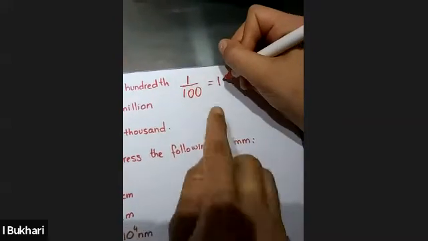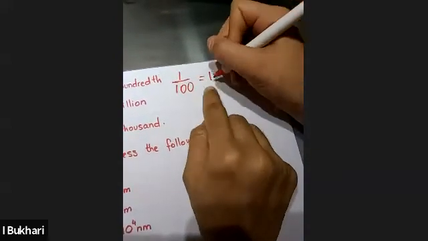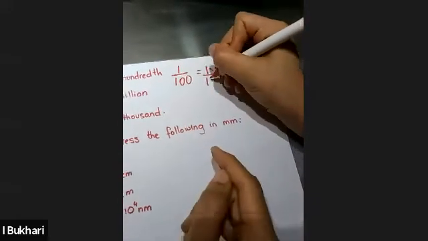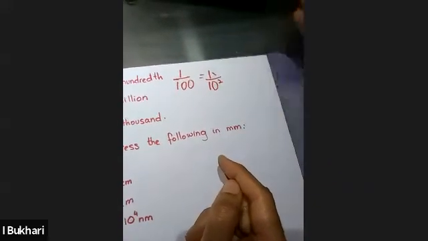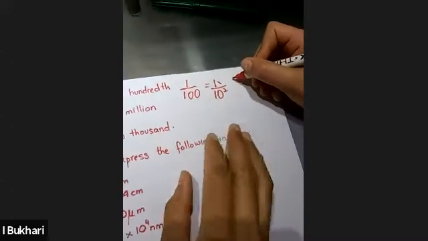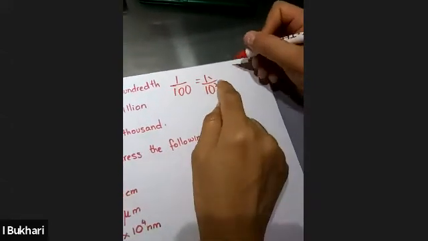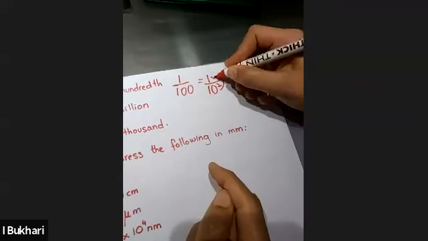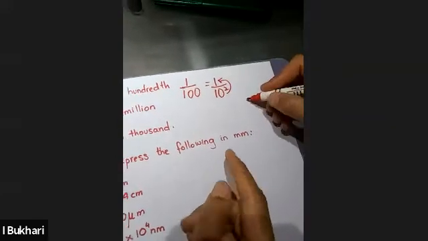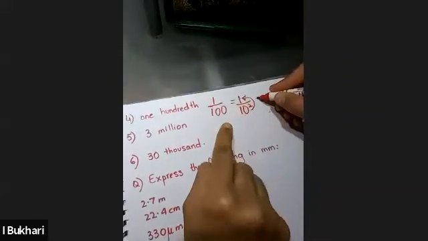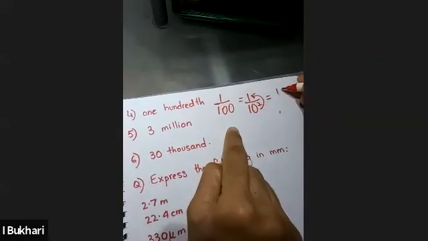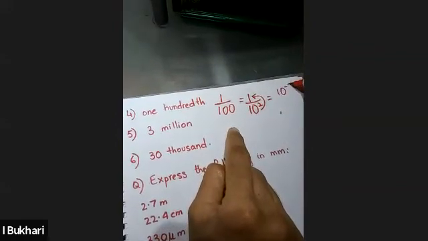So first 1 over 10 to the power 2, because there are 2 zeros. And then you will shift it above the fraction bar, and it would become 10 to the power minus 2.